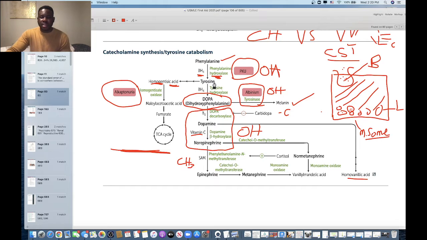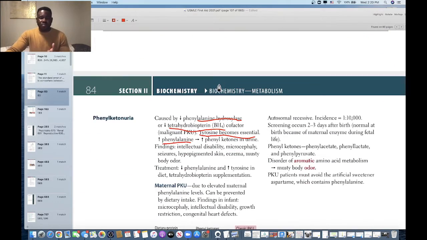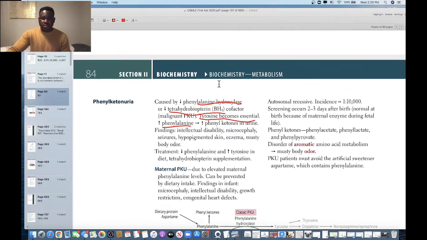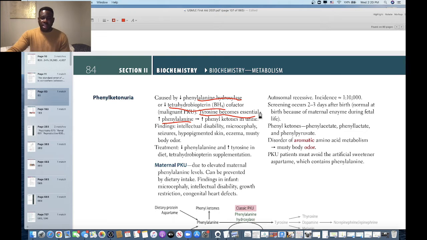But we also know that tyrosine is not an essential amino acid originally, but now it becomes essential because the body cannot make it. If the body cannot make it, we need to eat it to get it. So the people who have PKU, we need to feed them with tyrosine. So that's why they say tyrosine becomes essential, and there's elevated phenylalanine.